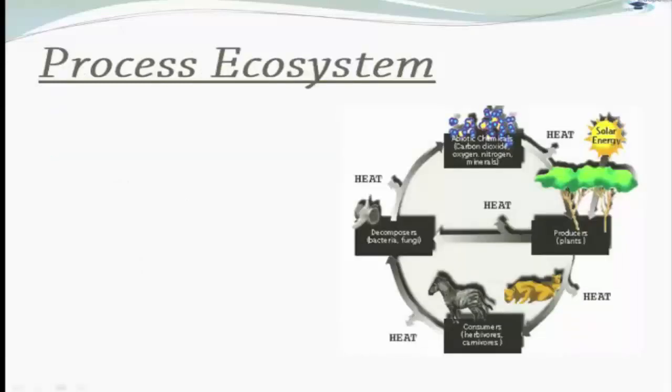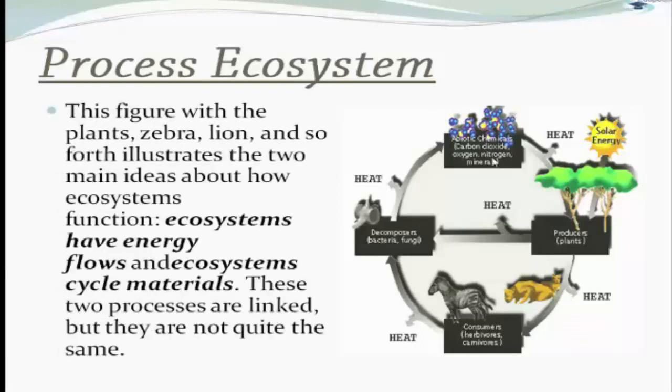So let's discuss now the processes in an ecosystem. This figure with the plants, zebra, lion, and so forth illustrates the two main ideas about how ecosystems function. Ecosystems have energy flows. As you can see, the plants produce energy.